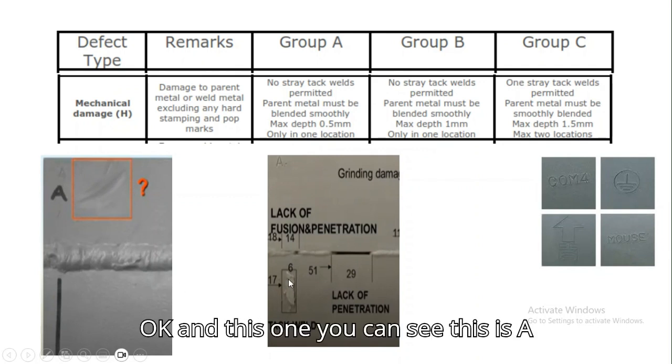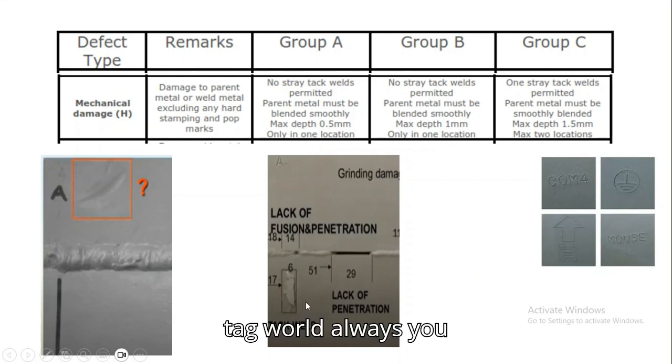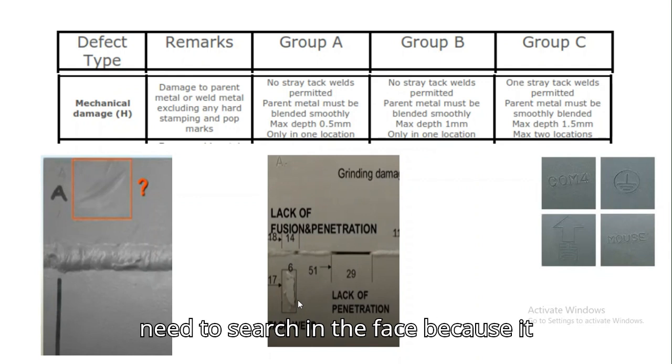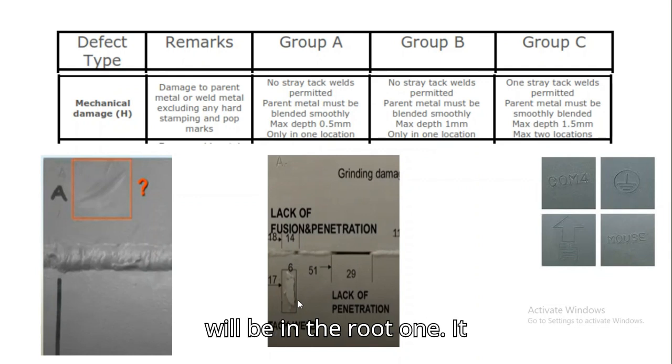And this one you can see, this is a tag weld. Always you can see the tag weld in the root. No need to search in the face because it will be in the root only. Don't waste time trying to identify it on the face.